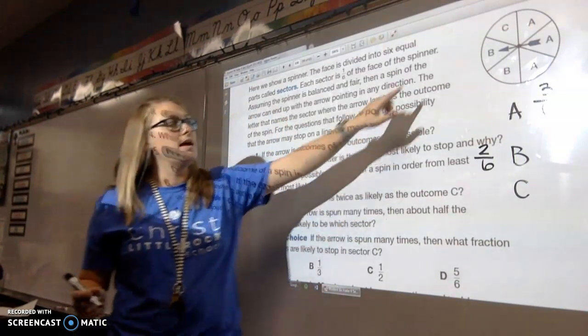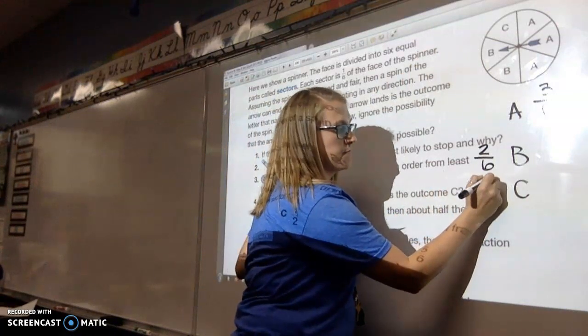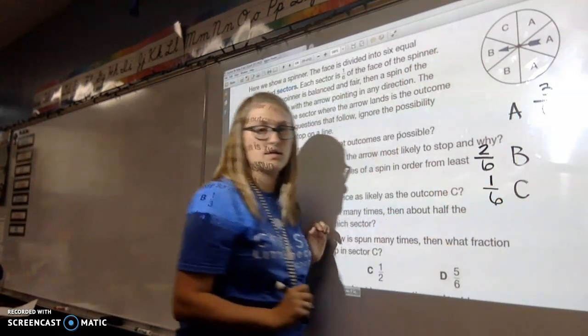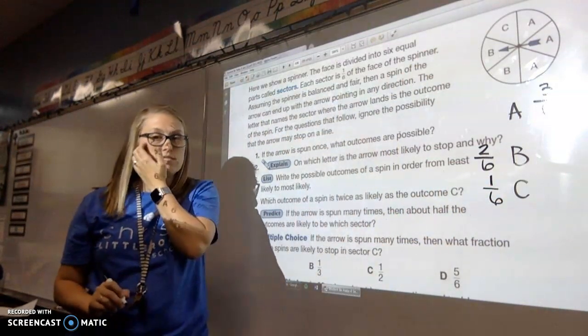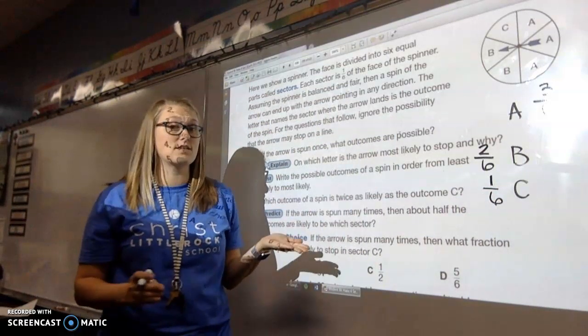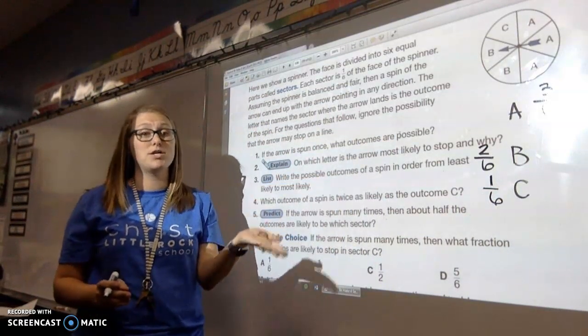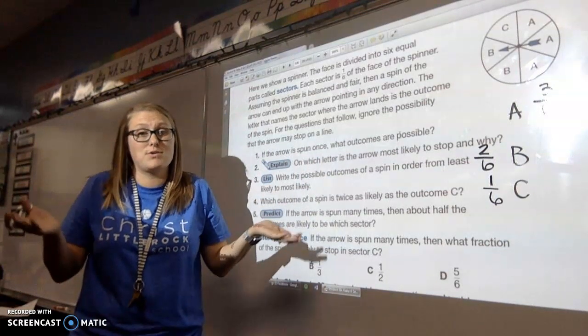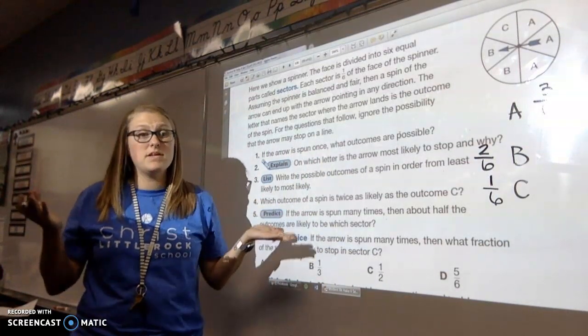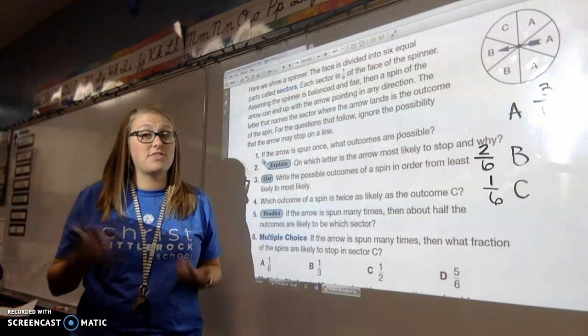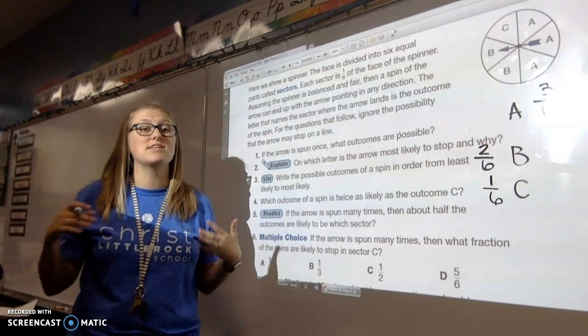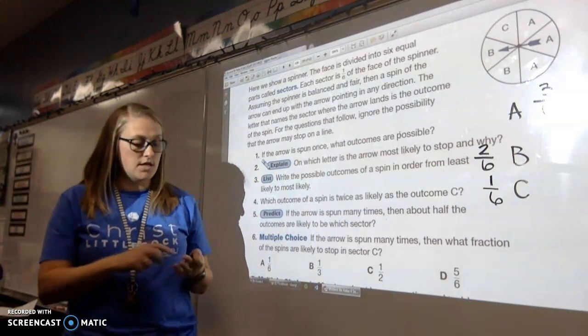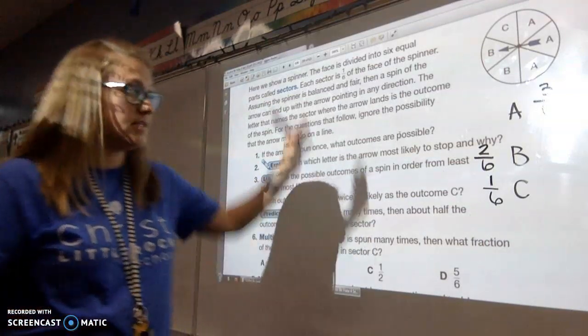And then C is 1/6 of the time. So C is technically the least likely one to happen, but it could be the one that occurs most often. Like I said, probability is weird in the way that things should happen, but they don't necessarily have to happen that way.